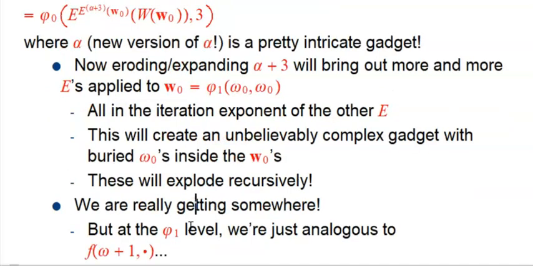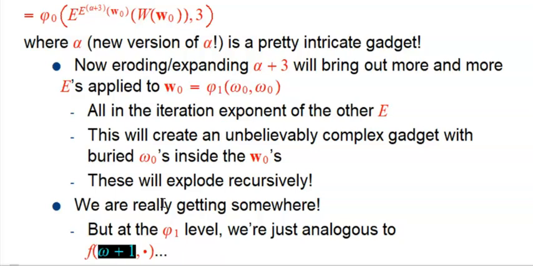So that's all I'm going to say about that one. I'll save the really gnarly expansions maybe for when we get into a new level. Remember, at the phi1 level, we haven't gotten that far. So this is analogous to when we discovered f of omega and then went to f of omega plus 1.